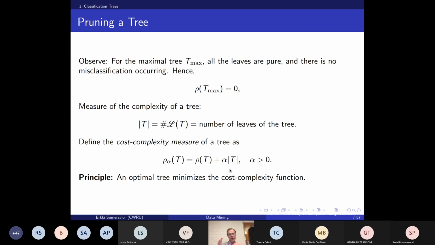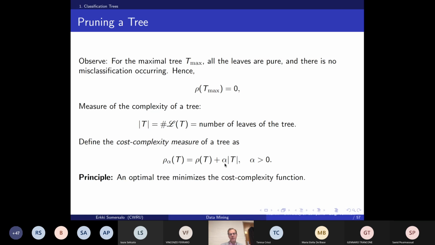It is the alpha that decides how complex a tree we are going to have and how well the tree is classifying the training data. So choosing this alpha is not a trivial task, and in fact we are approaching this problem algorithmically. We choose a sequence of possible values of alpha, and then we choose the alpha using, let's say, test data, which is not the training data, from the discrete values of alpha, the optimal alpha.